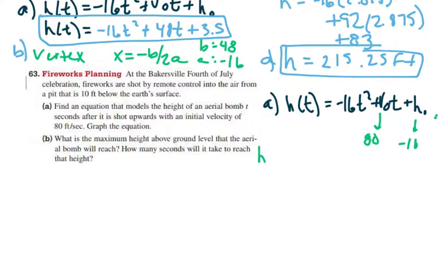So the equation they want us to graph is negative 16t squared plus 80t minus 10.